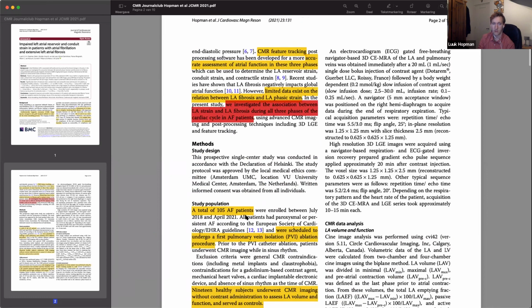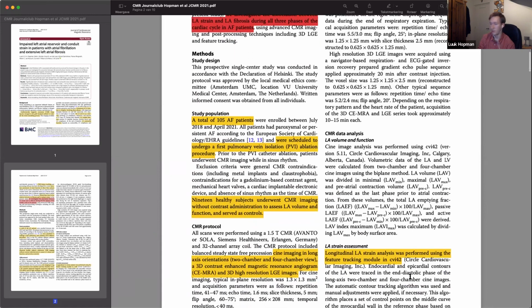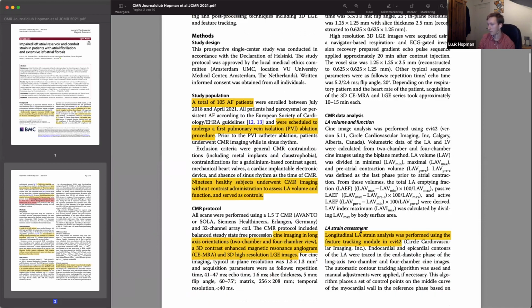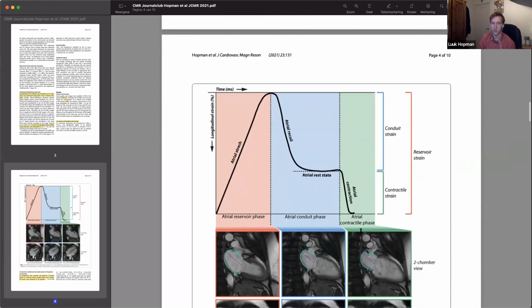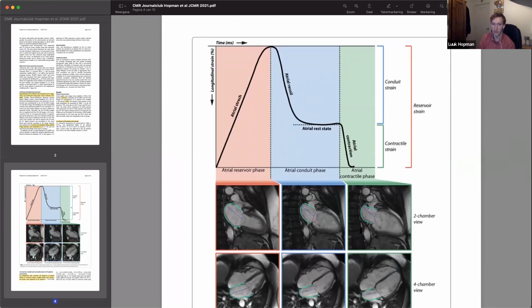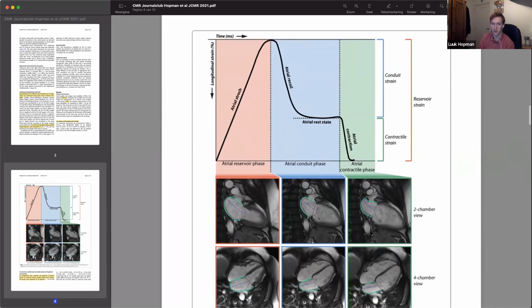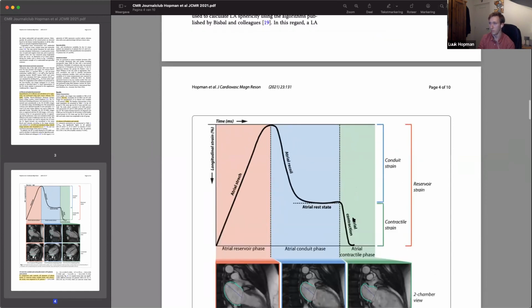The 2 chamber and 4 chamber cine images were used for left atrial strain analysis using the feature tracking module in Circle CVI. Let's go to the figure. The longitudinal strain measurements were subdivided into left atrial reservoir strain, conduit strain, and the contractile strain, as illustrated over here in figure 1.